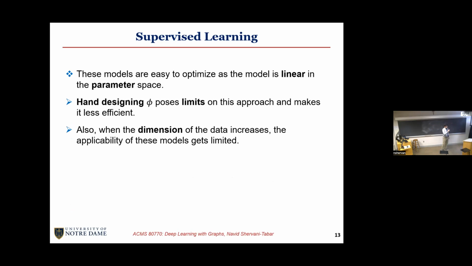One problem is that we need to hand design these phis. We don't really know where these phis are coming from. We need to hand design them so that they give us a good mapping, so that we can learn a good mapping from X's to Y's, and that depends on the task that you have. So you need machine learning experts working for years and coming up with the few transformations phi that we are currently using.